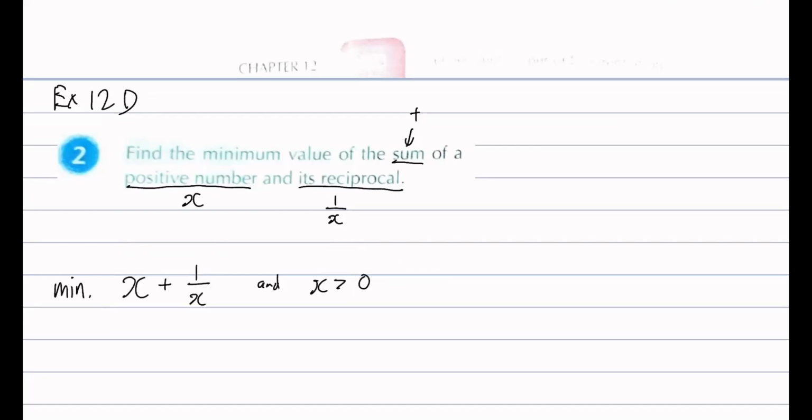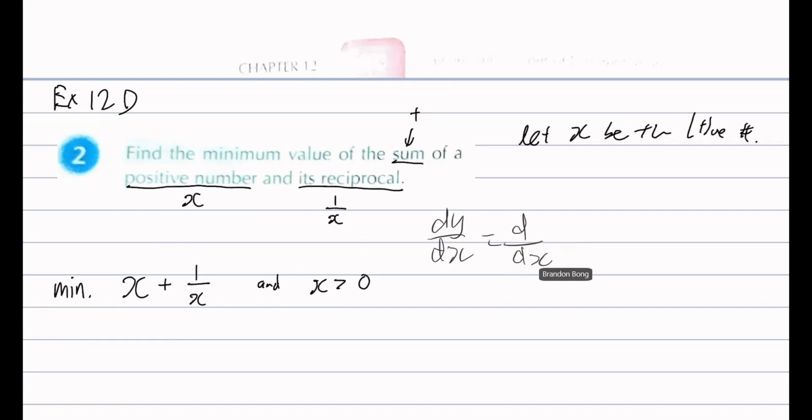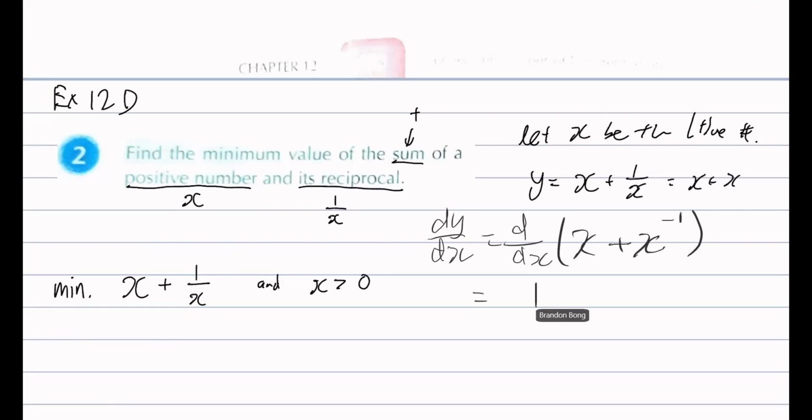Yes. So what you should do is say let x be the positive number. Okay, so then you can say let f of x. Oh, you want y? Okay, y also works, because x plus 1 over x. Then you differentiate it. Okay, carry on.